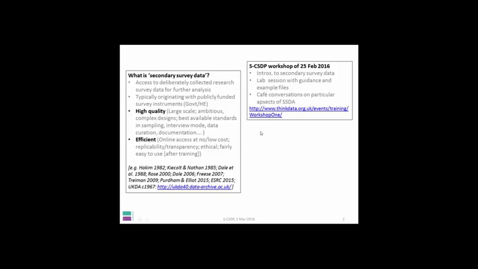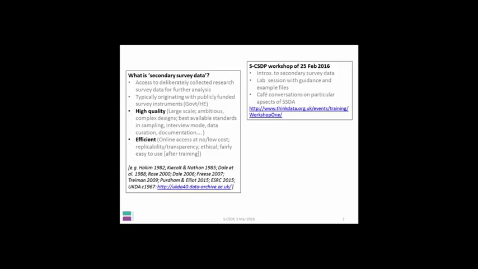I've put in my note here, data curation and documentation of these large-scale surveys is another high-quality feature of these resources, and what that refers to is the way in which information about the survey is preserved and made available for other people, the curation and organisation of the data.